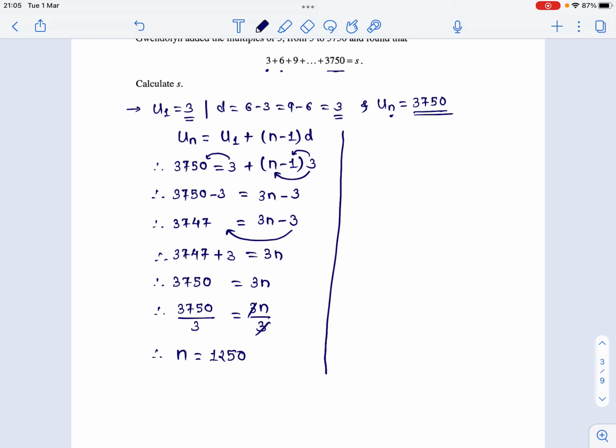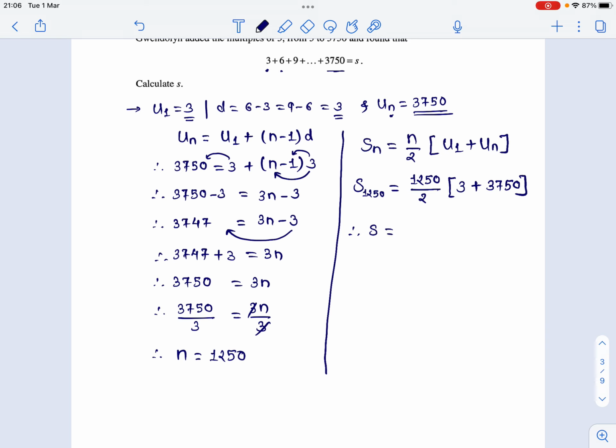So we will use the second formula, that is Sn is equal to n over 2 times the bracket u1, that is the first term, plus un, that is the last term. Now we know n is 1250, so S of 1250 is equal to 1250 divided by 2 times u1, which is 3, plus un, which is 3750. It is a big complicated problem, so you are allowed to use a calculator.